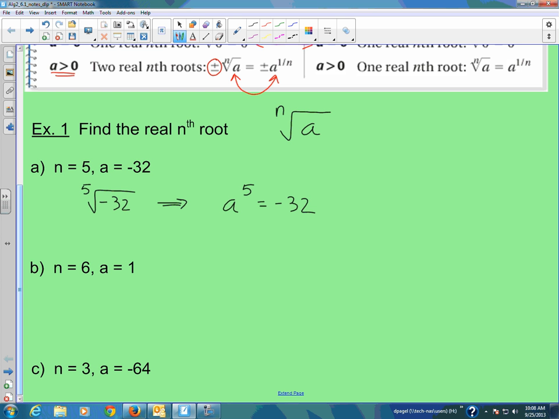That means it doesn't matter if I get a negative in here for my nth root. So I'm thinking about, okay, what number times itself 5 times makes negative 32? Well, we know that 2 to the fifth gives me positive 32, so that means negative 2 to the fifth would produce negative 32. So the answer to this is negative 2.